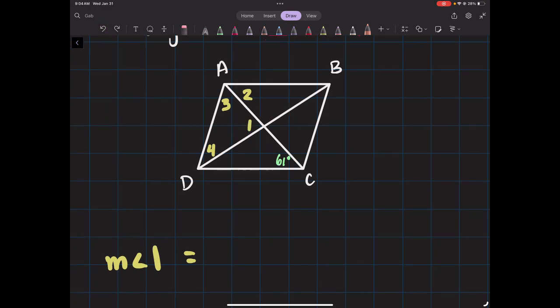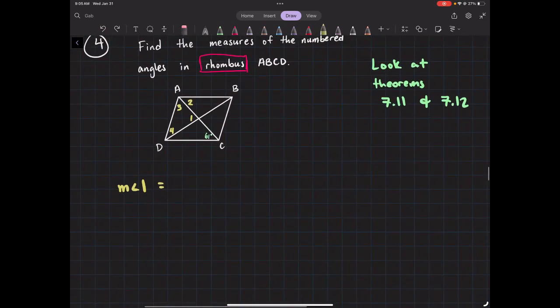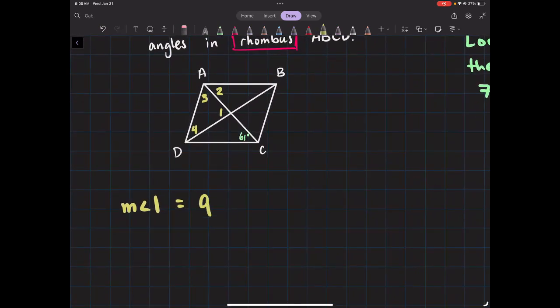So that means every single angle in here that I'm circling, those are all 90 degrees. Okay, so measure angle 1, that's 90 degrees. And then just say by theorem 711.